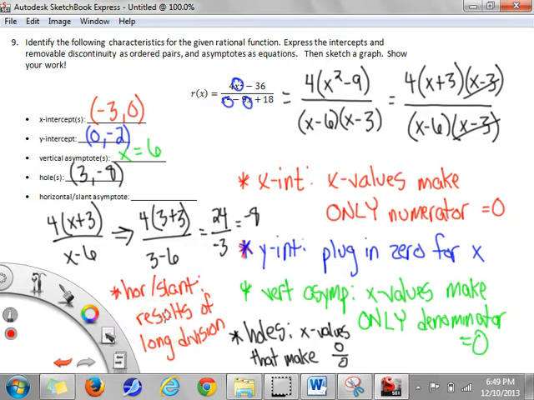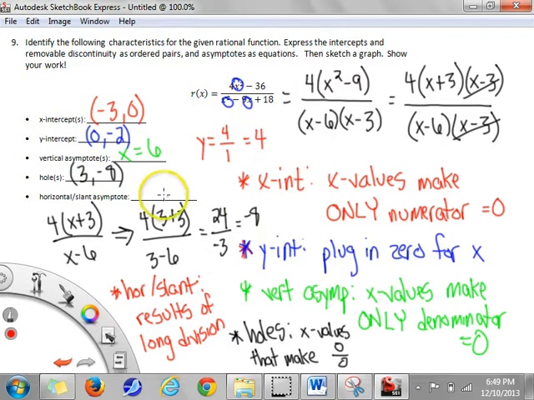You're not interested in what the remainder would be. And for this one, I don't know if you guys remember the trick that we talked about where if the degrees match on the top and the bottom, then it's the ratio of the leading coefficients. In this case, the ratio of the leading coefficients would be 4 over 1. We have 4x squared on the top, 1x squared on the bottom.